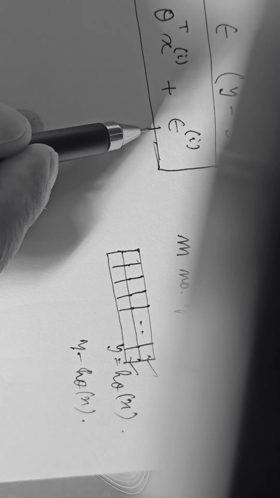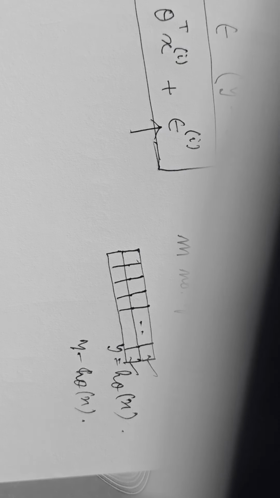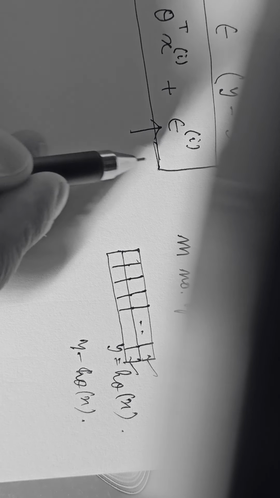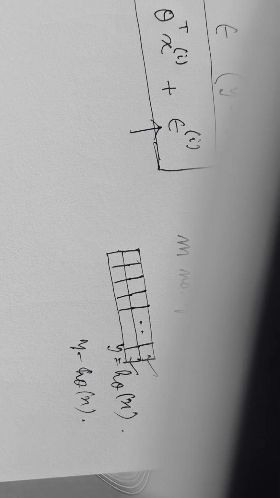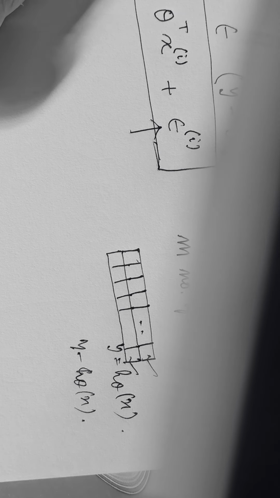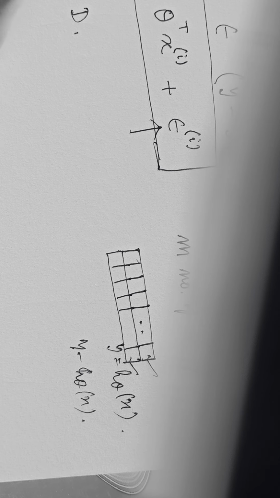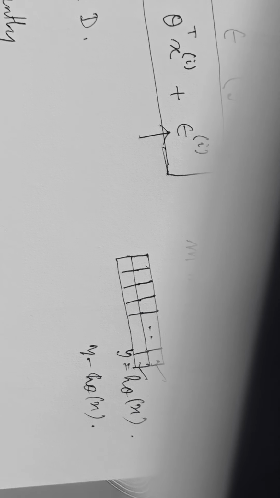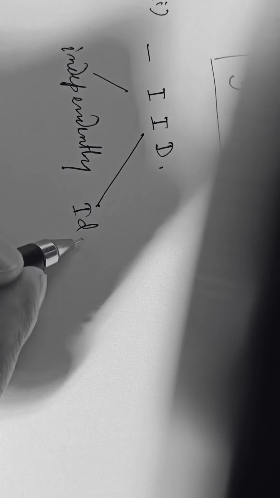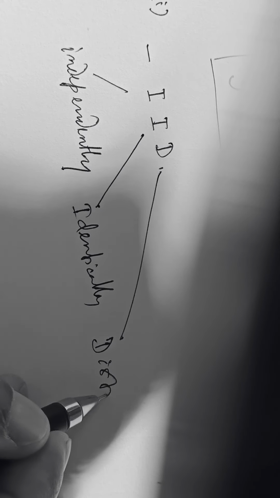If we select the variables randomly, then this error term is also random, and we can say this error is independently and identically distributed. So what does it mean?